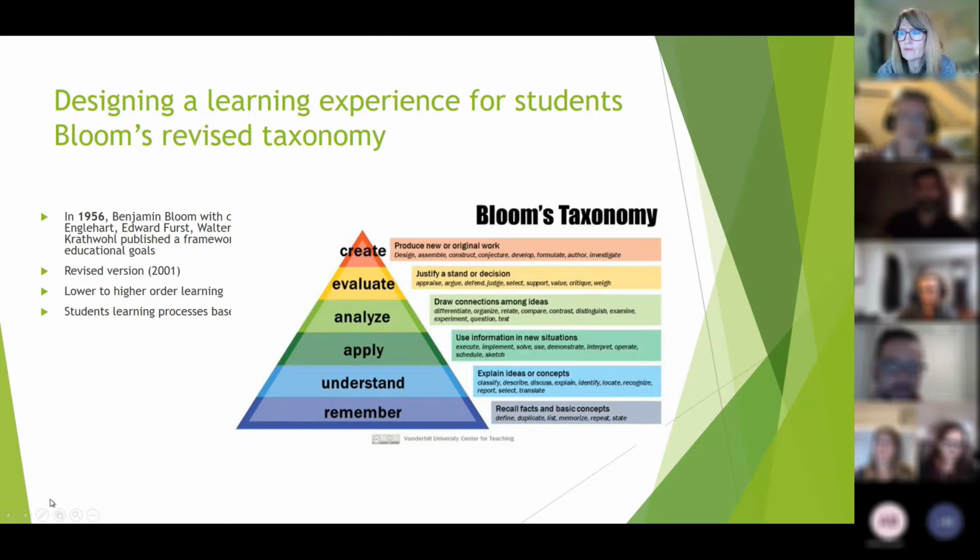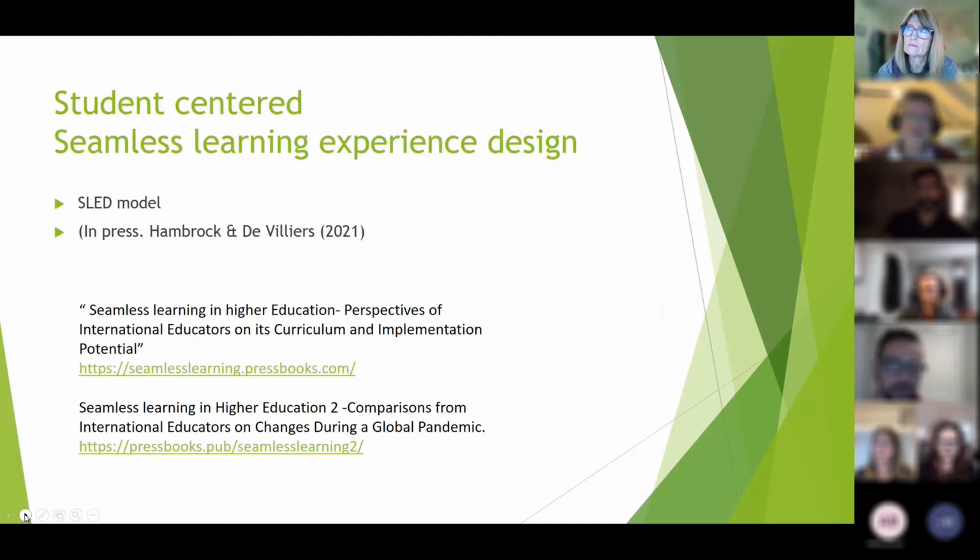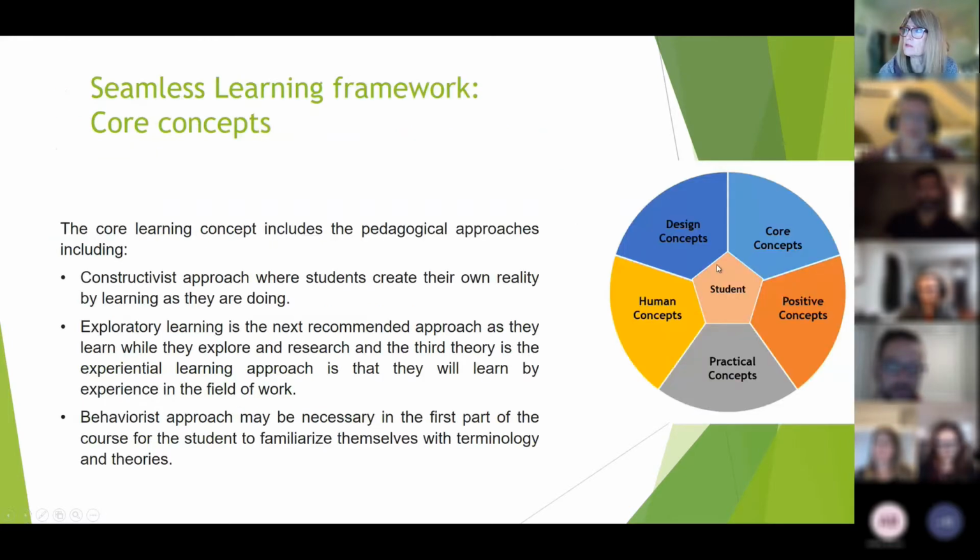And I think we can ask, which parts of the cognitive processes of Bloom's taxonomy are included in the learning experience? Which parts of Bloom's fit in which part of the concepts?